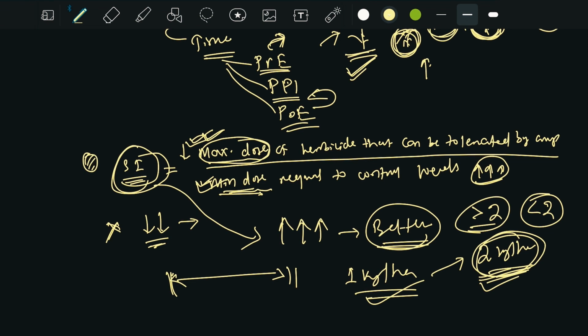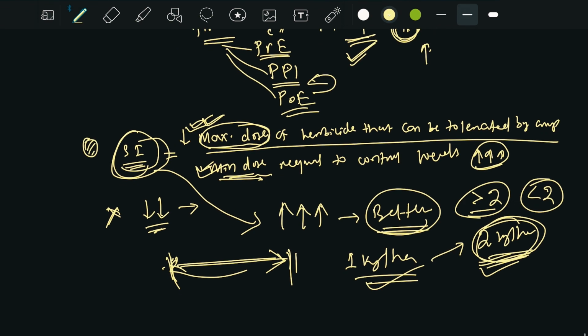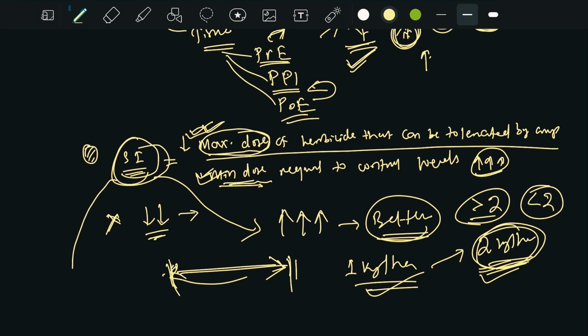So if the selectivity index is higher, then the dose flexibility will be higher. So the selectivity index should be higher for a herbicide, and the critical selectivity index value is 2. So the selectivity index for any herbicide should be 2 or more than that.